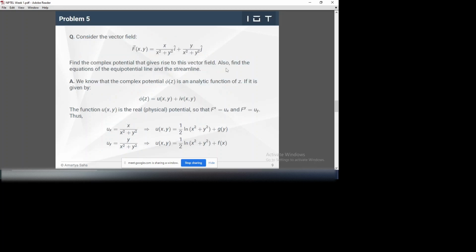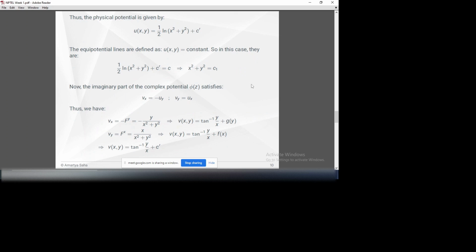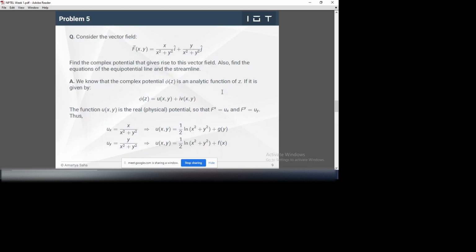And now, to find the whole of the complex potential, we need to find its imaginary part also. As I said, phi(z) is defined as an analytic function of z. That means it has to satisfy the Cauchy-Riemann equations.